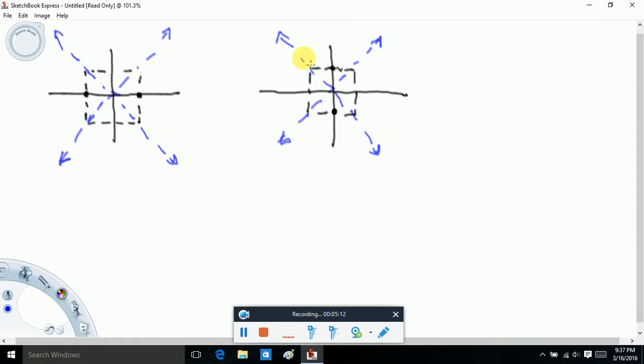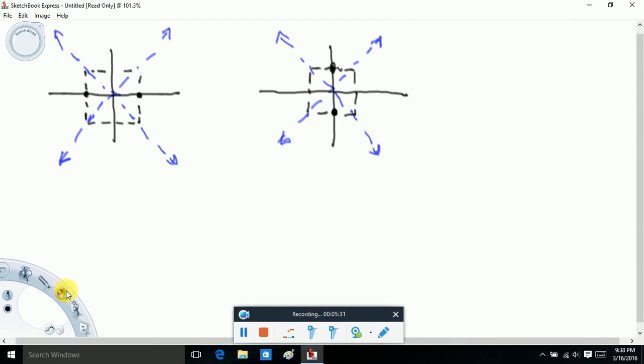So again, the points you see in black are the vertices, and the two asymptotes for each graph.